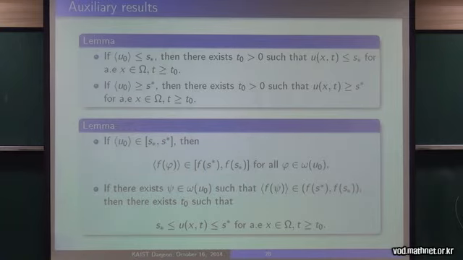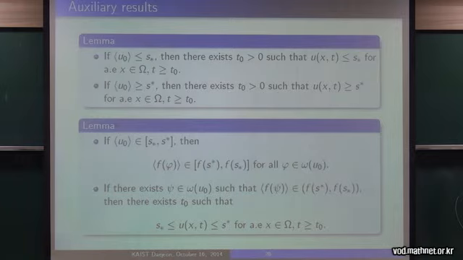Now, here we have considered cases where average of U naught is outside of the interval S lower star, S upper star. Now let's consider the case where average of U naught is in between S lower star and S upper star. Then we will have that average of phi will be between f of S upper star and f of S lower star for all phi in omega of U naught.